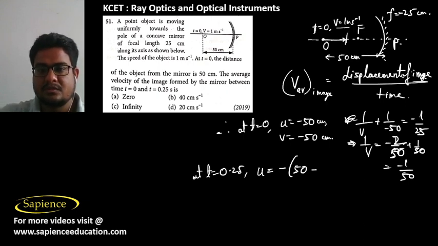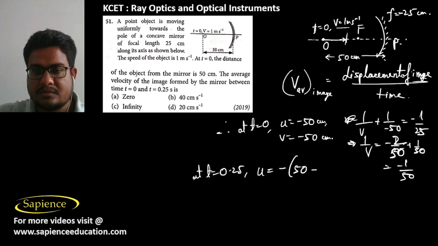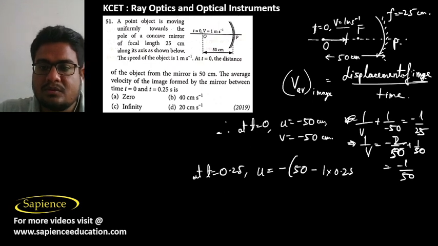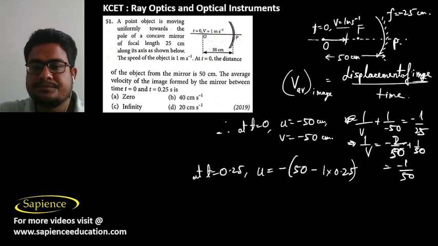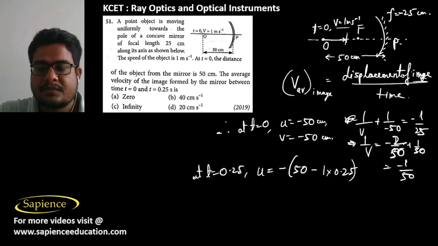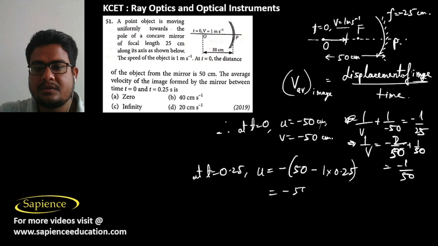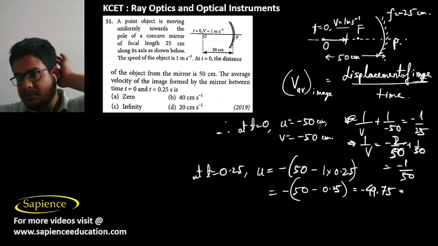So v into t is 1 into 0.25. So it will be minus 50 minus 0.25, so that will be minus 49.75 centimeter.